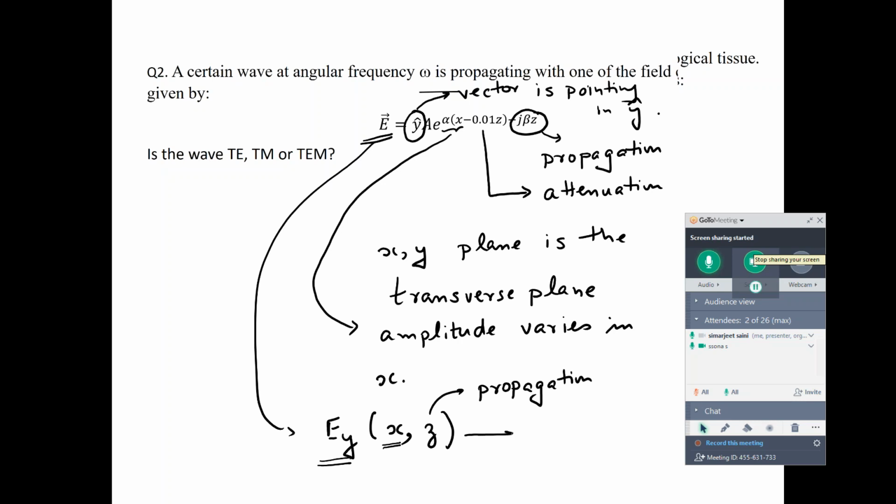So there must be an HZ component too. If a field is pointing in one direction and its amplitude is varying in the other, the z component, the propagation longitudinal component of the other field should exist. So Hz is existing, and obviously Hx will exist.